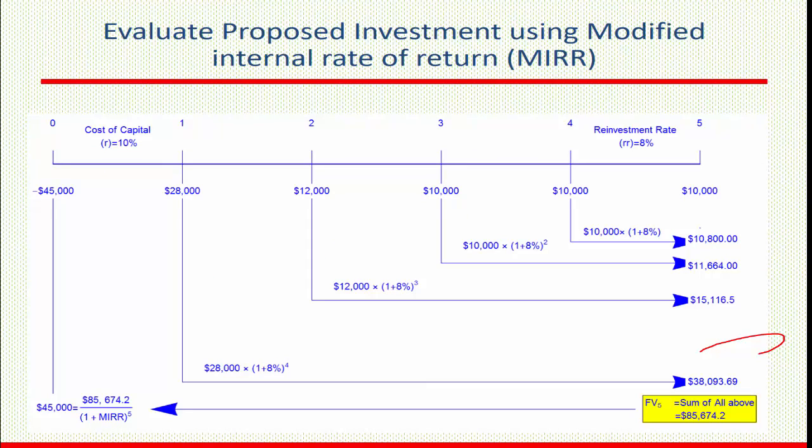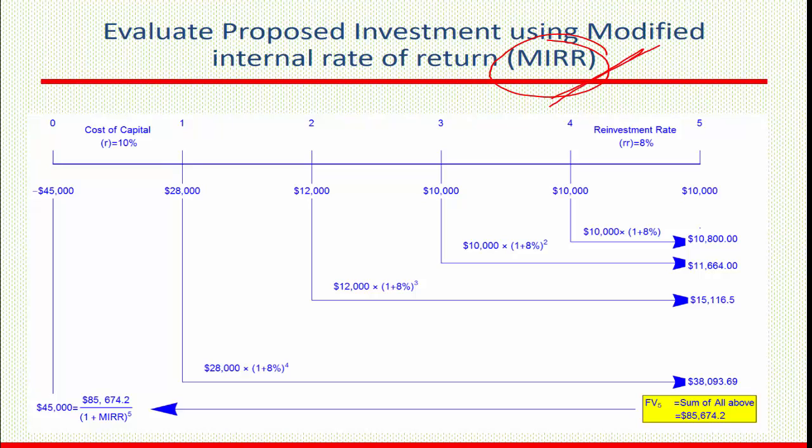One of the fundamental assumptions of MIRR is that once you make an investment and the project starts generating cash, you can reinvest that cash. That's the fundamental difference, and that's how MIRR differs from IRR, the internal rate of return, while MIRR is the modified internal rate of return.